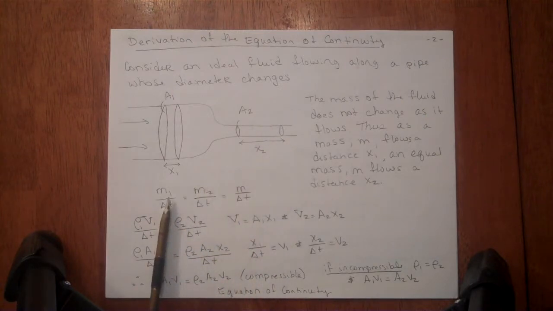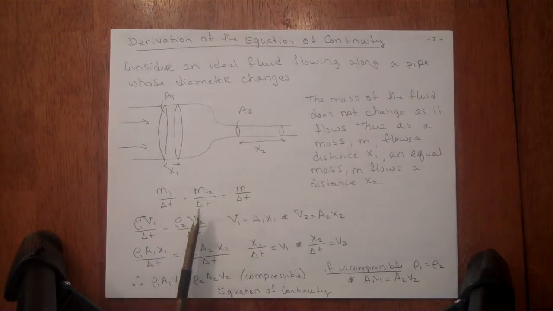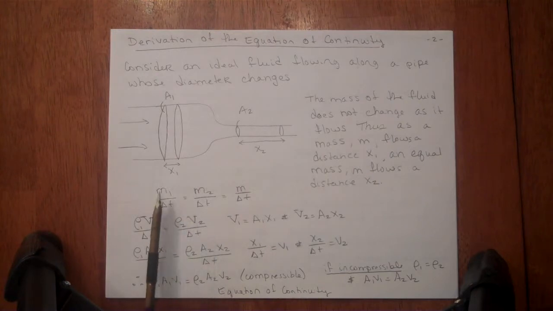So conservation of mass says m1 over the time it takes mass 1 to flow that distance x1 must be equal to m2 divided by the time to flow that distance x2. The masses m1 and m2 are equal, so we can just write that as m.